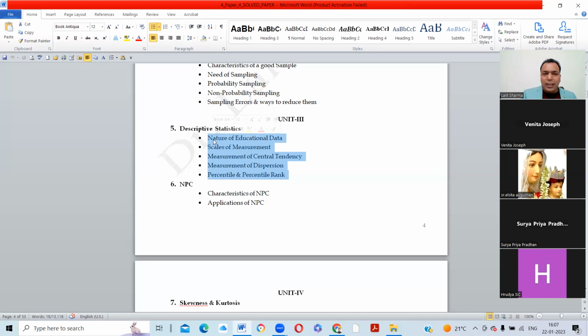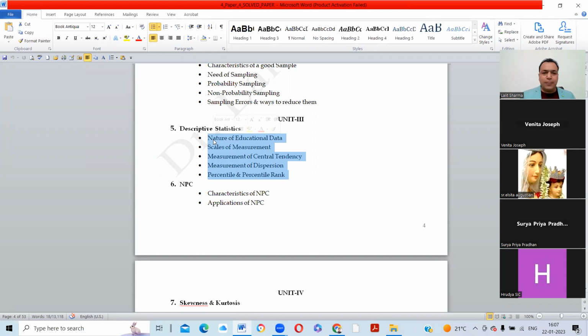Another question would come from the NPC. It is very simple, and these questions always come, right? Because the examiner has to prepare 2 questions, 1 question cannot happen. 2 questions would come from the 5th unit: 1 question from the 5th chapter and the 2nd question from the 6th one, the NPC, right, guys?